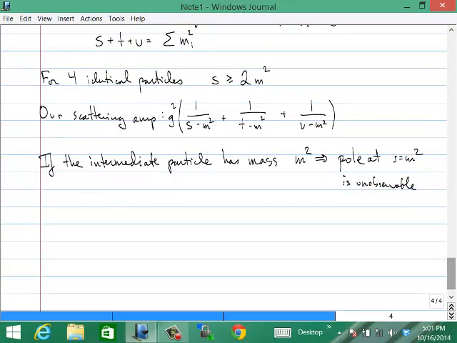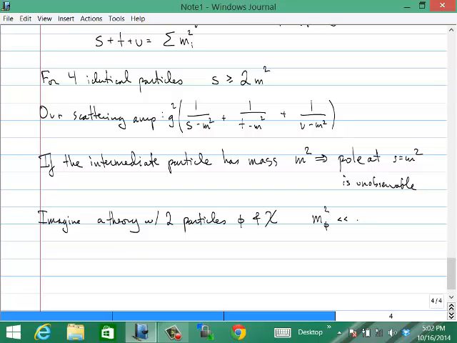However, let's imagine the more interesting case where we have a theory with 2 different species of particles. So imagine a theory with 2 different species of particles, phi and chi, and let's say that the phi's are very light and the chi's are very heavy, so that m phi squared is less than m chi squared.